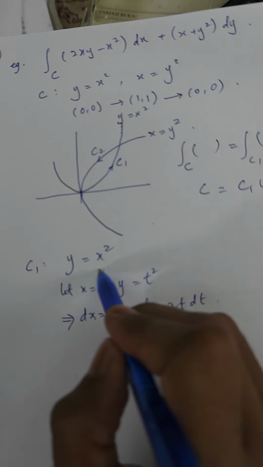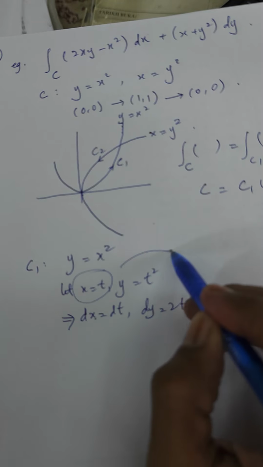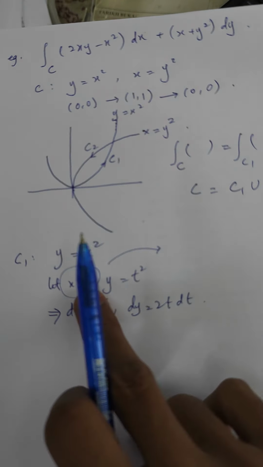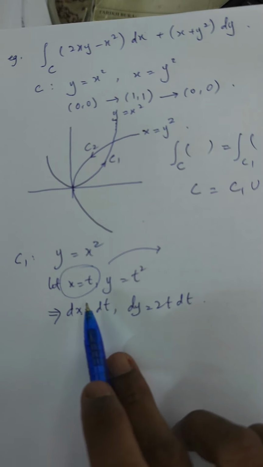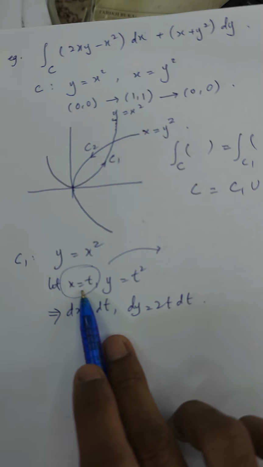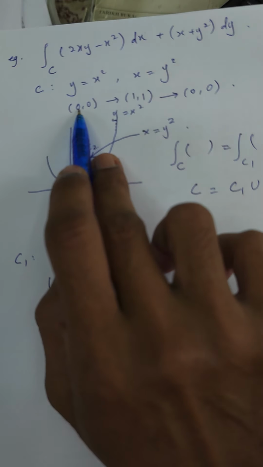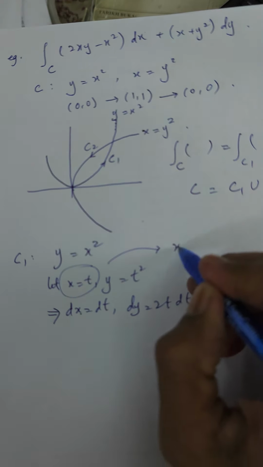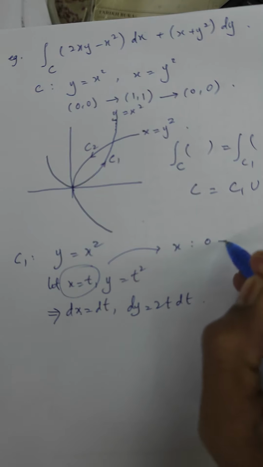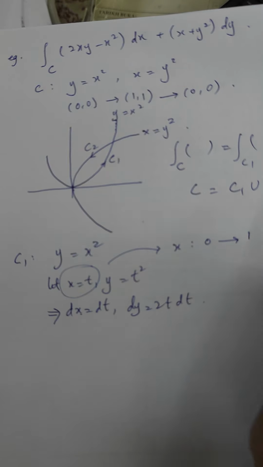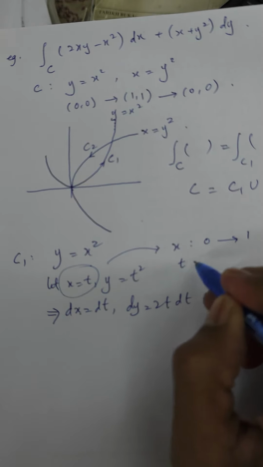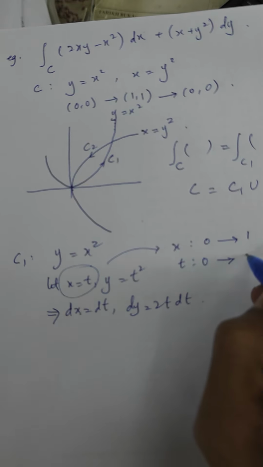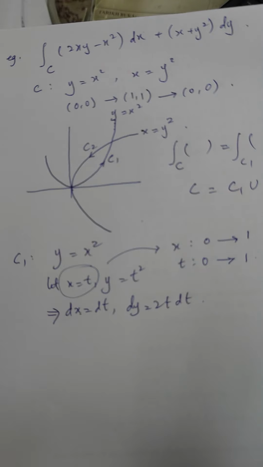Since we take x equal to t, the moving point x goes from 0 to 1. Therefore, since x equals t, we can also take t from 0 to 1. I hope you can get that.